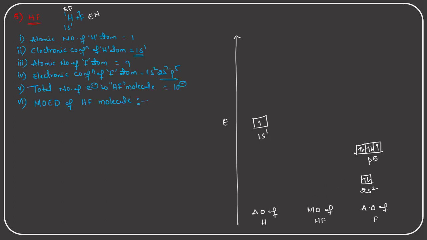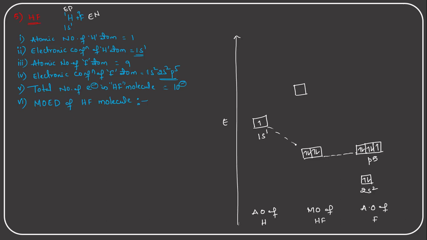The other two p orbitals also remain non-bonding, so the energy of these atomic orbitals stays the same. And the one electron of hydrogen will form the bond.